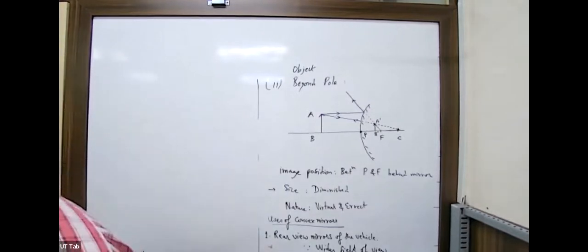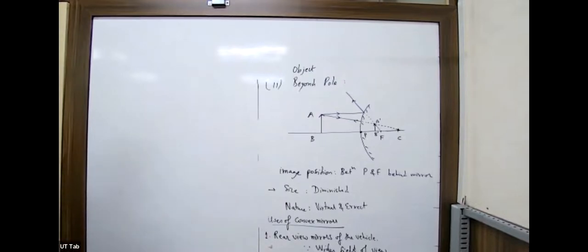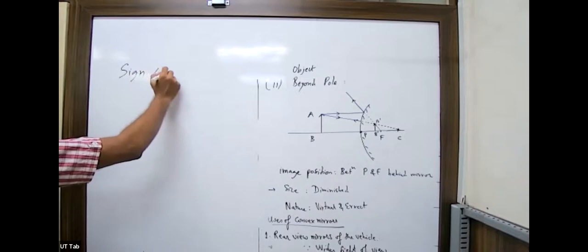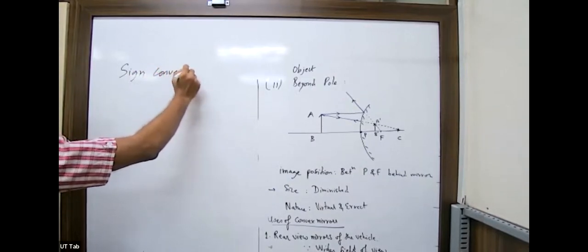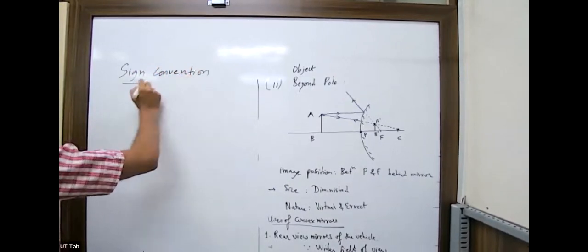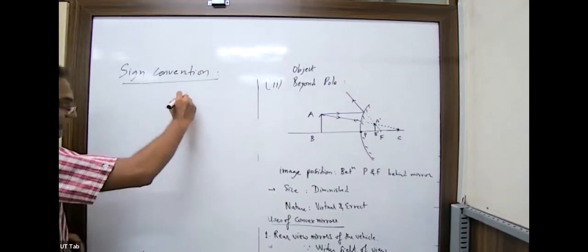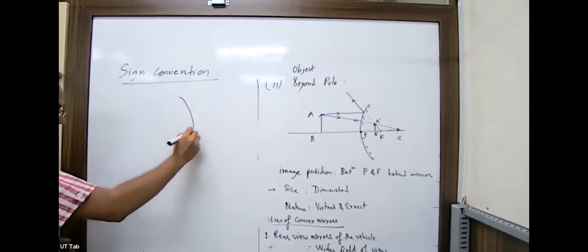Okay, so sign convention. Sign convention is about the sign of the distance measured from the mirror. I know it's difficult to get back to the rhythm once you've decided everything is closed. Suppose you have a mirror like this.